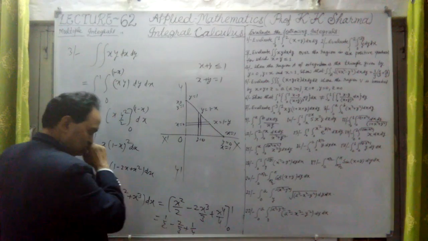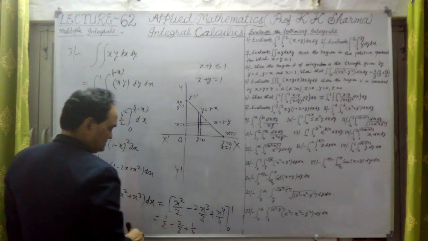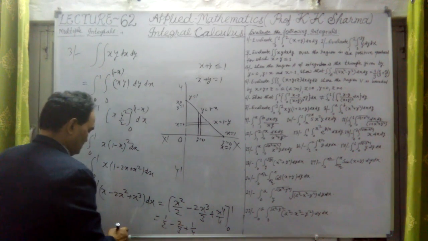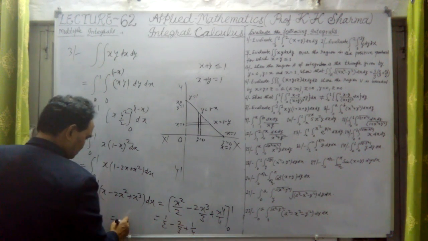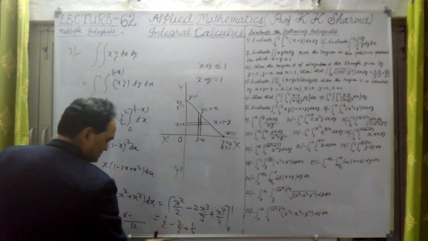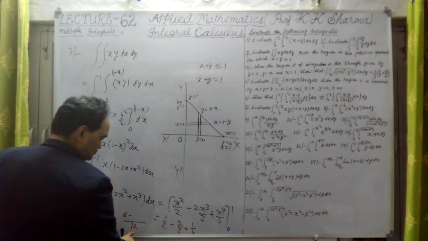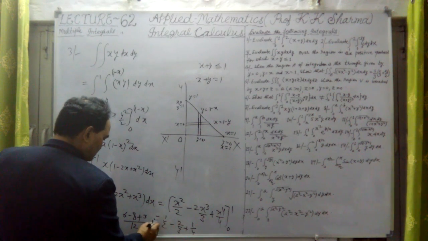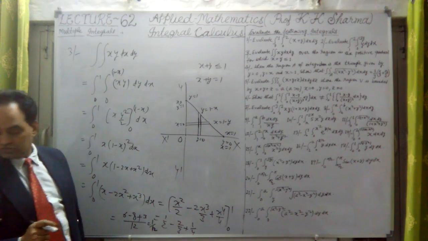Okay, the LCM here is 12. Now this is 6 minus 8, and plus 3, that is 1 by 12 here.